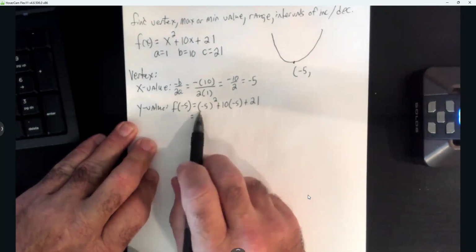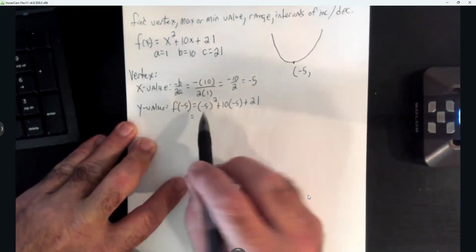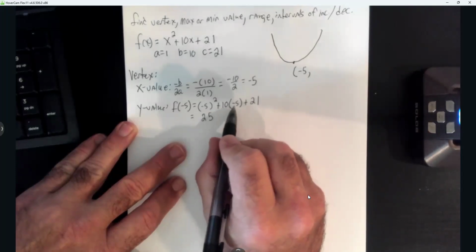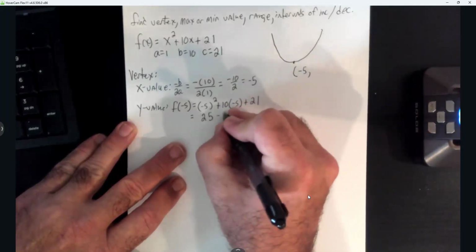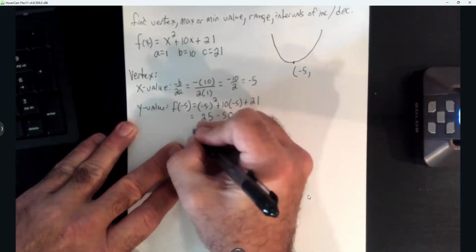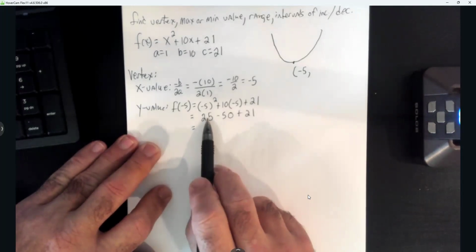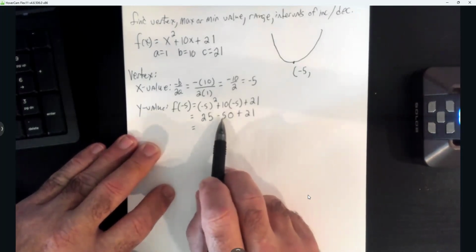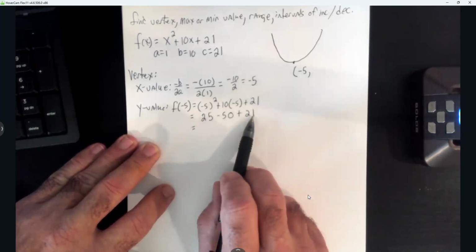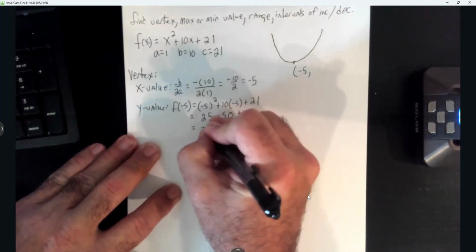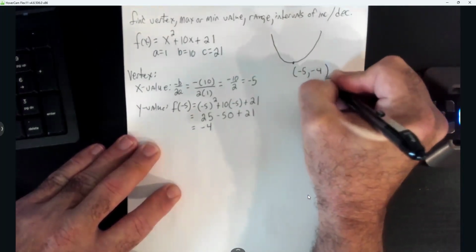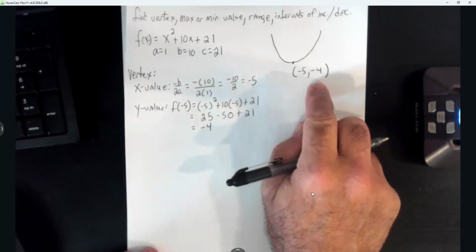All right, any number squared will become positive. So negative 5 squared is a positive 25. Here you got 10 times negative 5, which is negative 50, and then plus 21. All right, y'all. So 25 minus 50 is a negative 25. Negative 25 plus 21 is a negative 4. We now have our vertex.